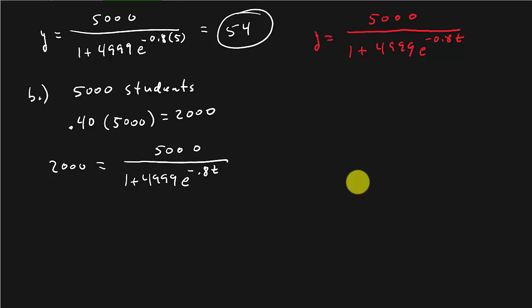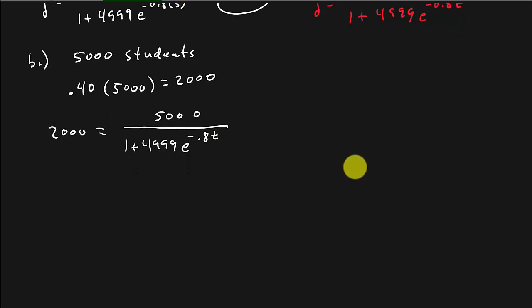All right. So now all we have to do is solve this thing for t. What I want to do is get this right here by itself. That's what I've got to solve for: e to the negative 0.8t. That's what we're looking for.